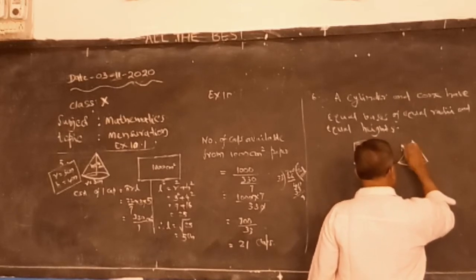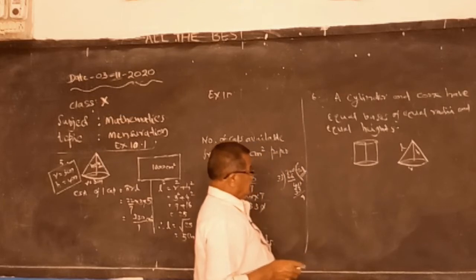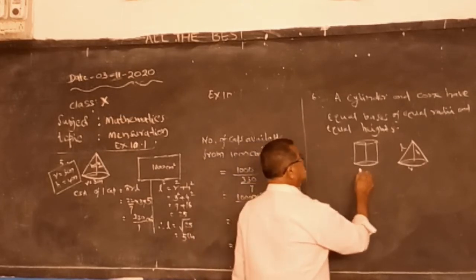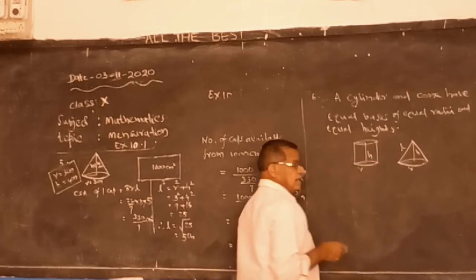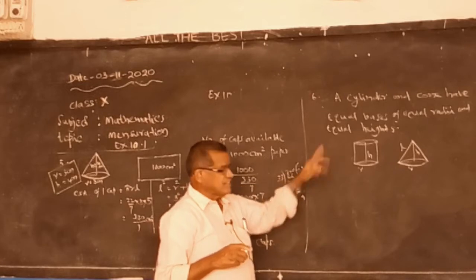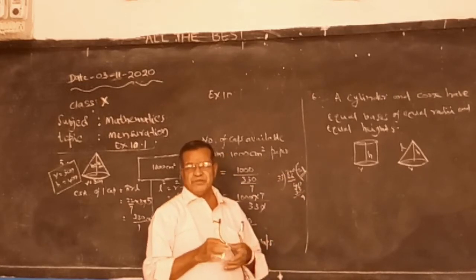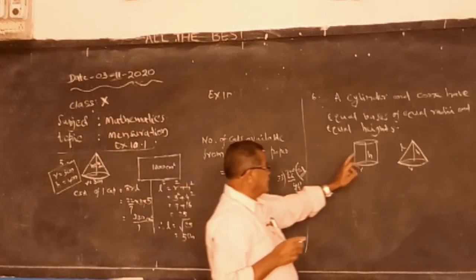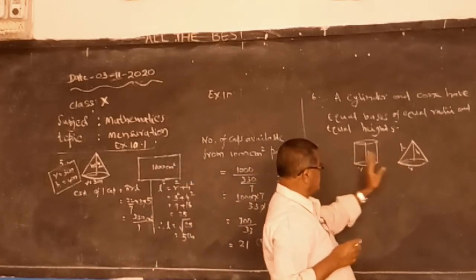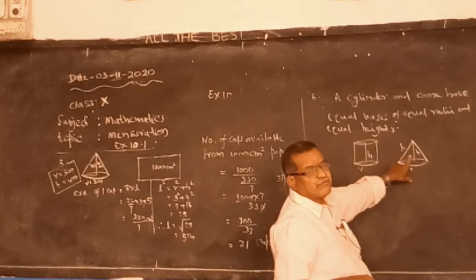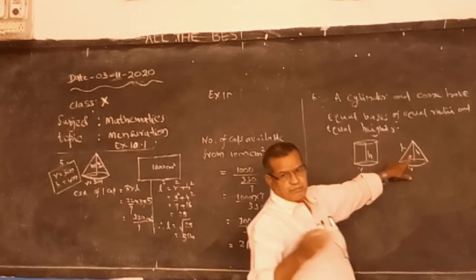Here the base area is the same. Now the relation between cone and cylinder: the volume of the cylinder is equal to 3 times the volume of the cone.